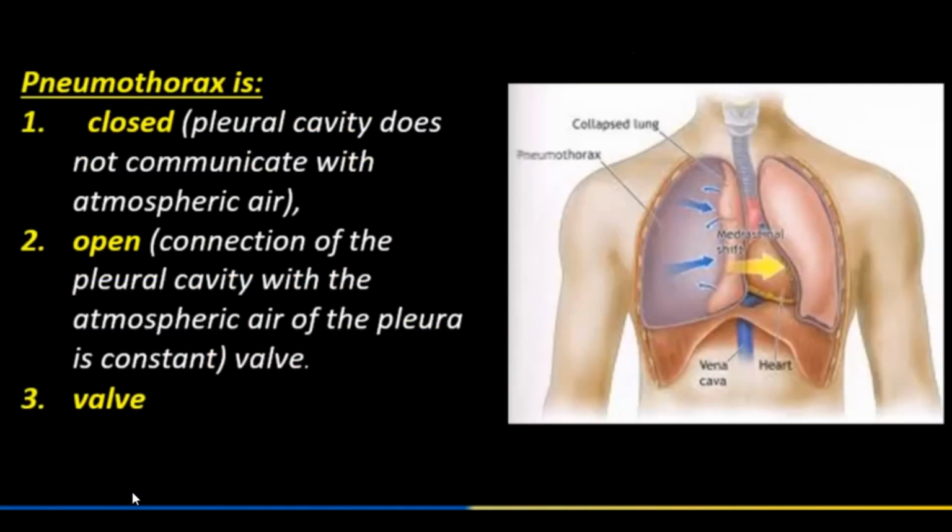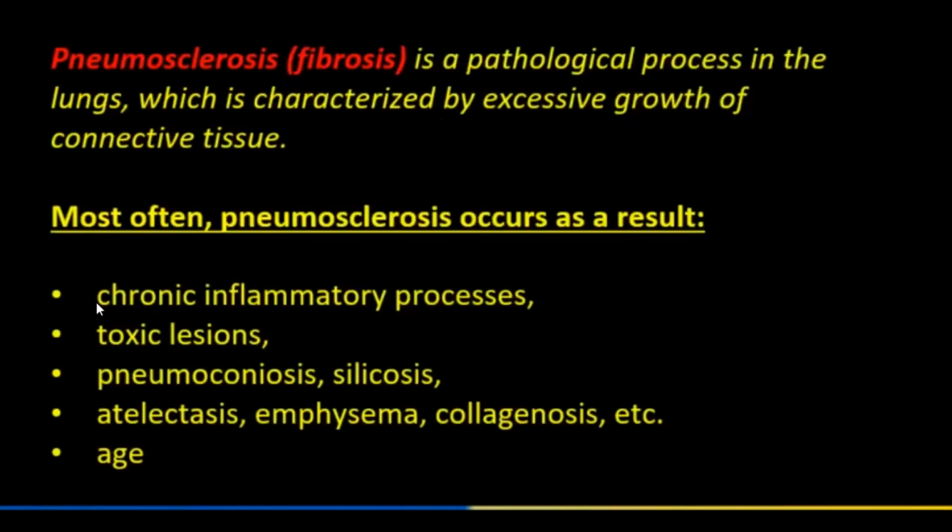Pneumothorax may be closed, open, or valve. Closed: the pleural cavity does not communicate with atmospheric air. Open: there is a constant connection of the pleural cavity with the atmospheric air. And valve: there may be a valve in the pleura which, with change in position, opens and closes, opens and closes.